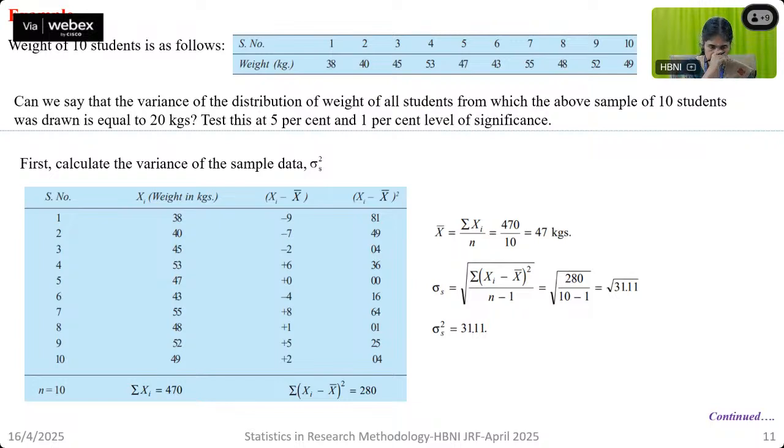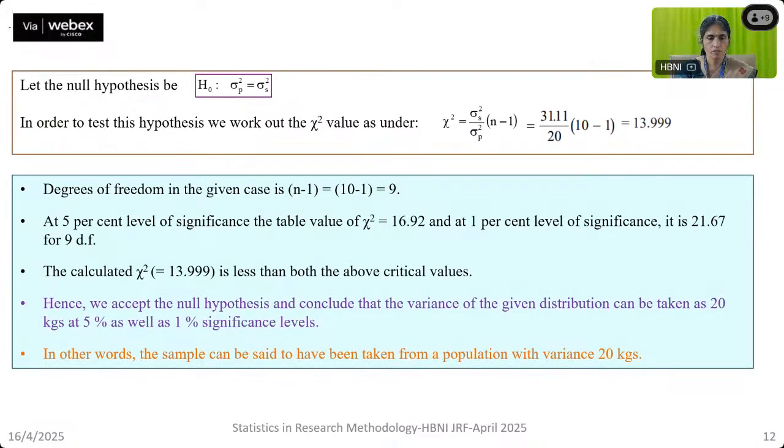The calculations are very simple: weights are tabulated, then take the difference between the individual weights and the mean value of the weight, square it and take the sum. Then, as in the general standard deviation calculation, divide by the number of degrees of freedom and take the square root. That will be the standard deviation.